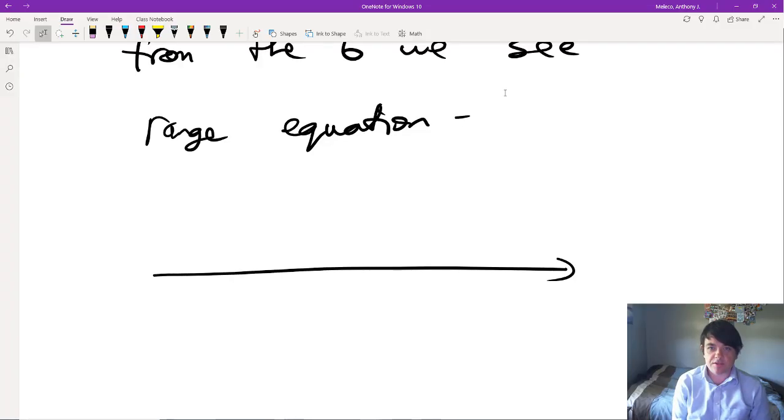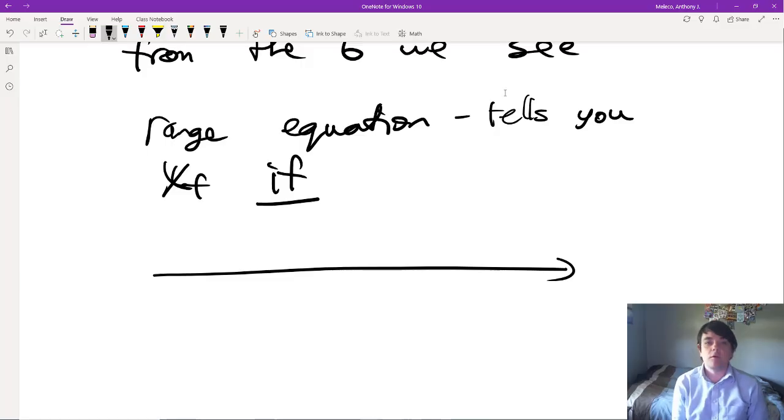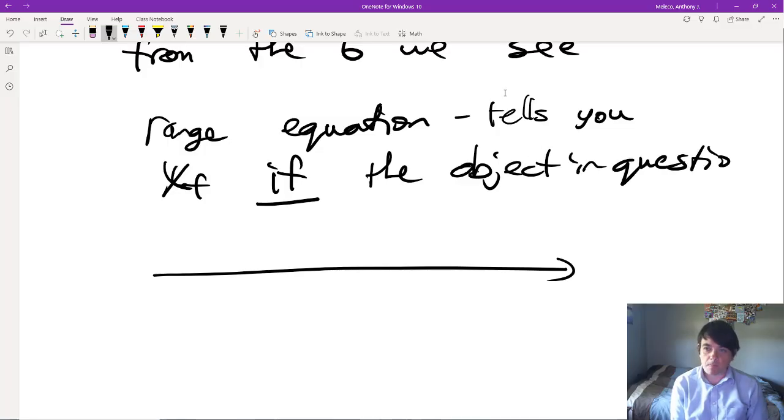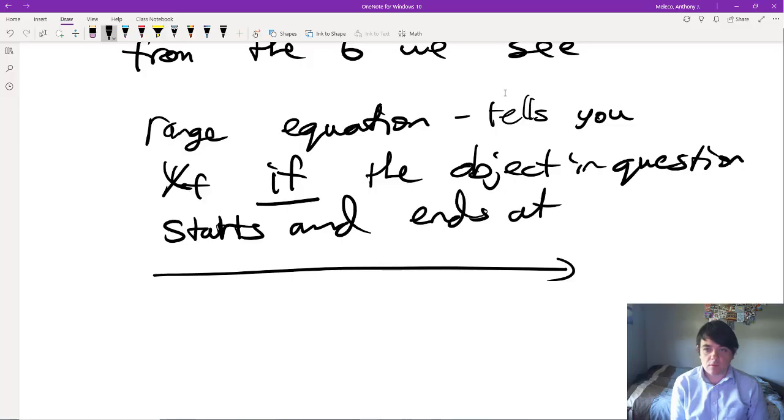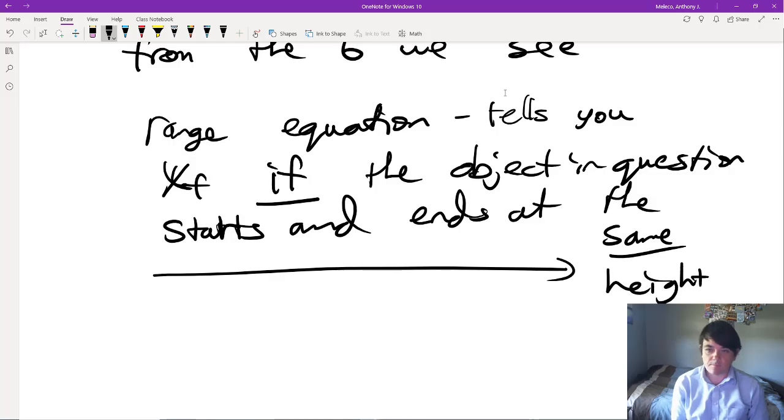So the range equation is an equation that tells you x final if and only if the object in question starts and ends at the same height, okay?